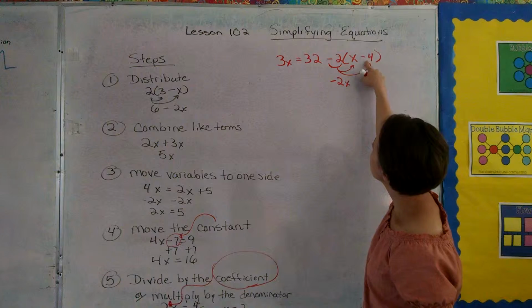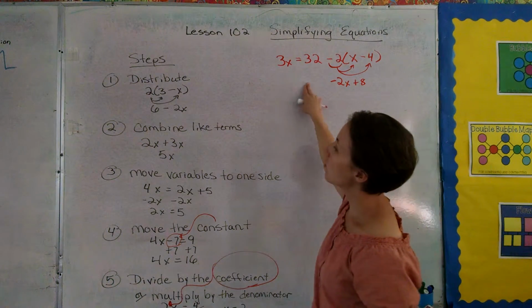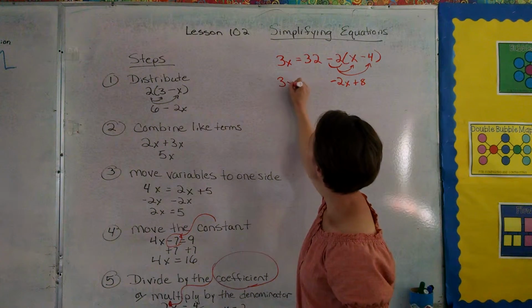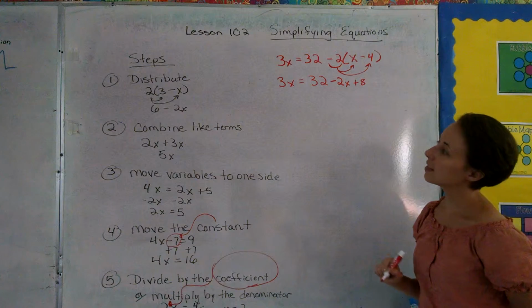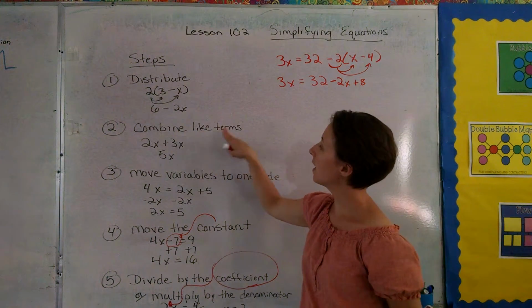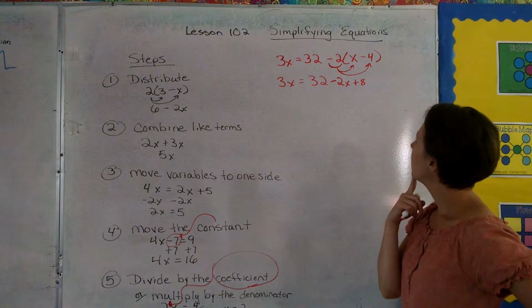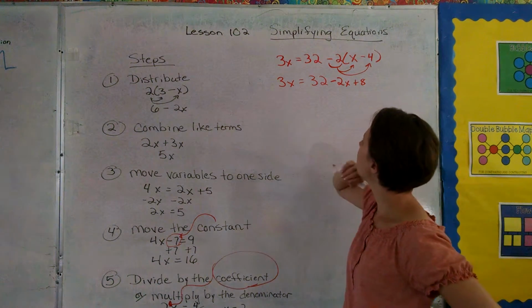Negative 2 times x will give me negative 2x. Negative 2 times negative 4 gives me a positive 8. Rewrite the rest of your problem then. 3x equals 32 minus 2x plus 8. So that's step 1. Step 2, combine like terms. Well, I don't have any other x's on this side. Nothing to combine.